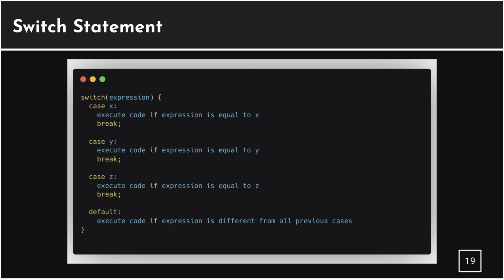If expression equals one of the defined cases, the corresponding code will be executed, and then we break, meaning that we go execute the rest of the program after the switch statement. If none of the cases we defined earlier satisfies the expression, we execute the default case. The default case will be executed if all the previous values are different from the expression.